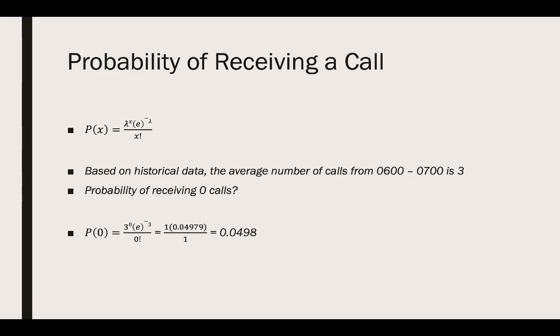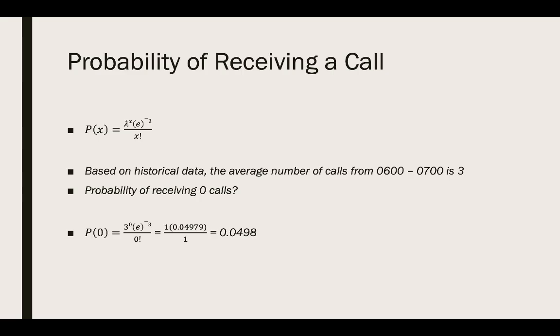If you start noticing that you're breaking these historical trends, then that's something to look at. So the average number of calls is 3, and you start receiving just one call in that time period over the course of a couple months. Well, the probability of receiving one call is fairly low.